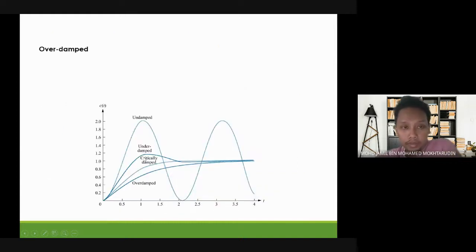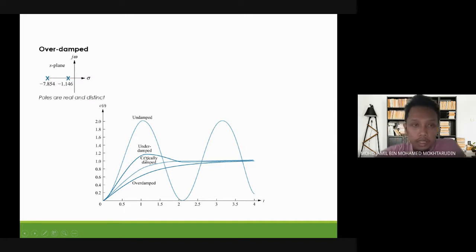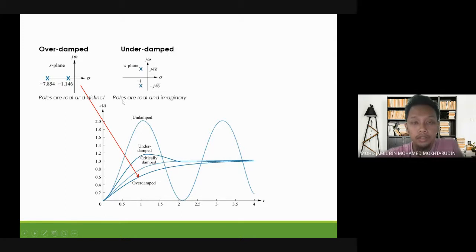Okay, so let's summarize a bit about the four different types of second order system. So if your poles are real and distinct, then it is an overdamped system. And if your system has poles that are real and imaginary, so it's an underdamped.